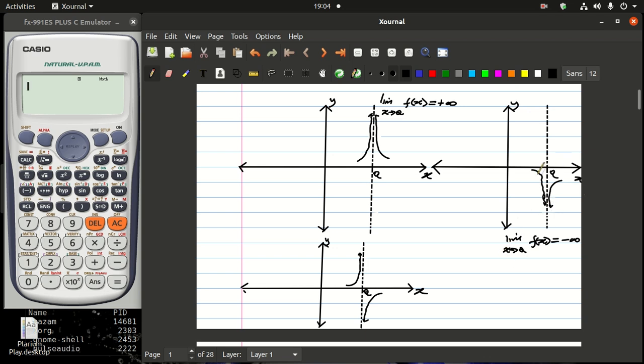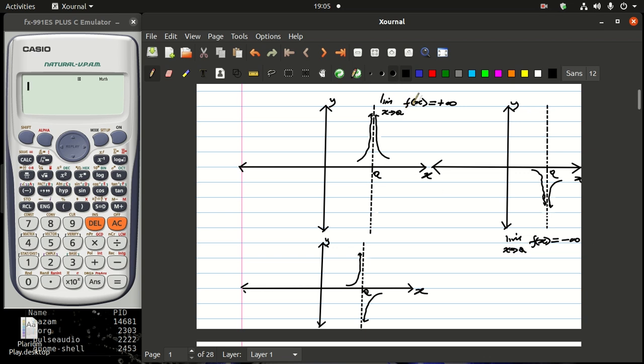So when we have a situation like this, the limit is going to negative infinity. Or we can just say that this function f of x is decreasing unboundedly. So it's decreasing to negative infinity as x approaches a. Or you can say that f of x is approaching negative infinity as x approaches a.